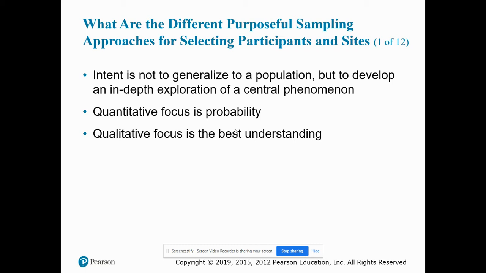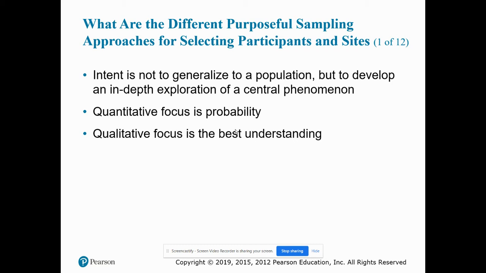While qualitative focus is the best understanding, because it gains an understanding from people or sites that can best help you understand the central phenomenon. And remember, when I say that quantitative focus is probability or random sampling, okay? Remember, random sampling is when you select individuals and then you generalize from those individuals to a population. So qualitative is opposite. It's not random.